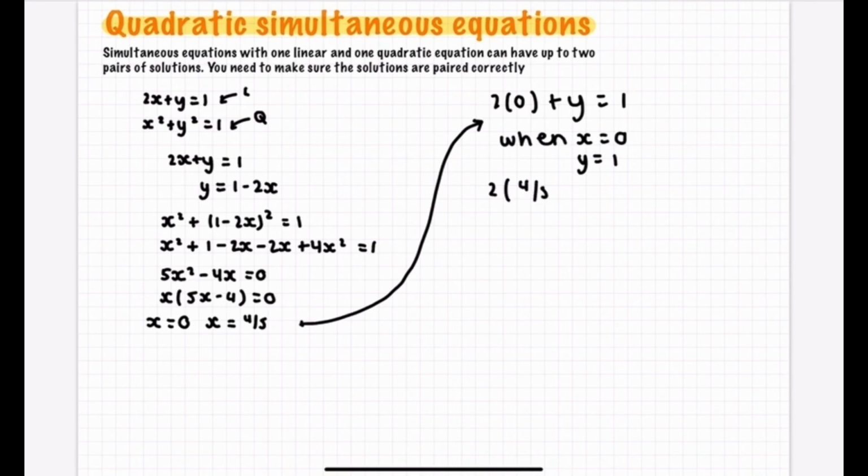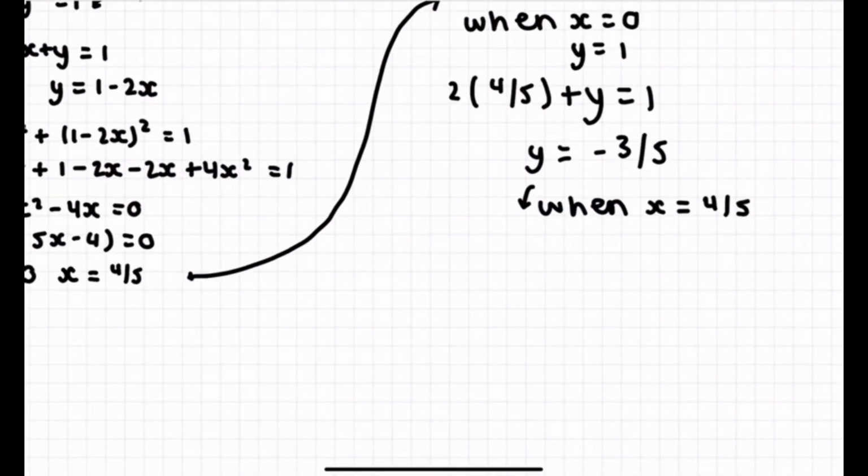When x is 4/5, 2 times 4/5 plus y equals 1, meaning that y equals minus 3/5. So here are the two pairs of solutions for these simultaneous equations.